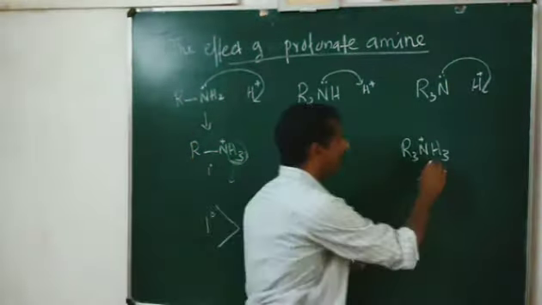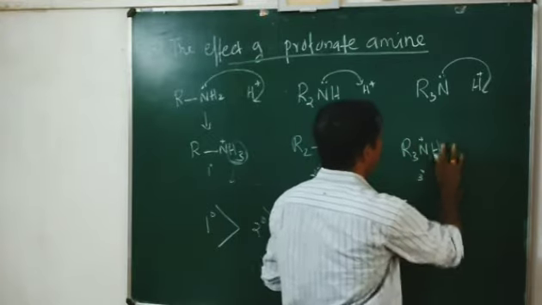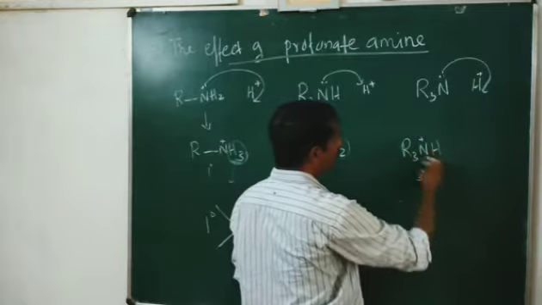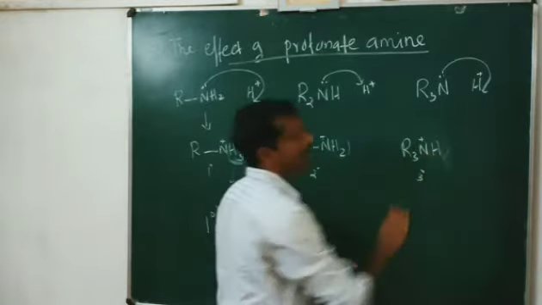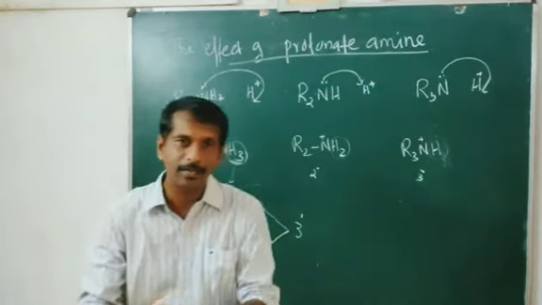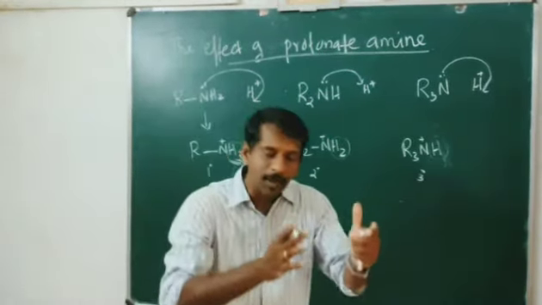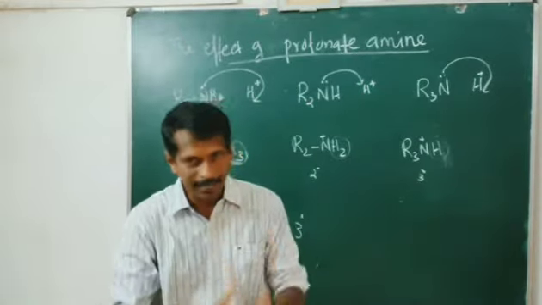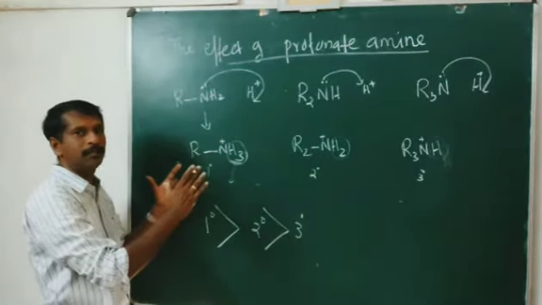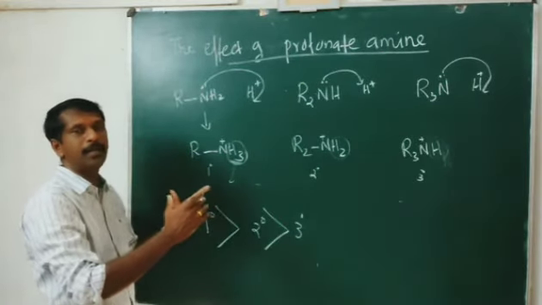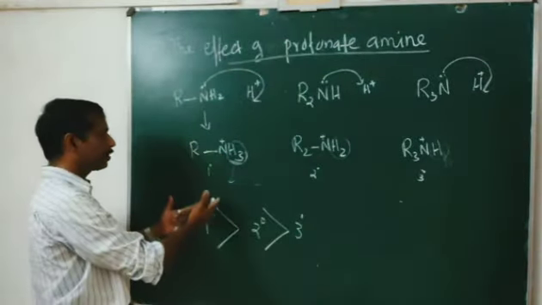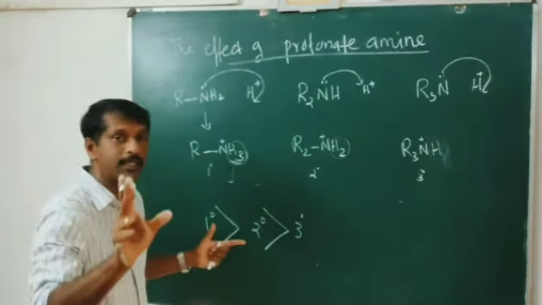And in the case of tertiary protonated amine, sorry, here it is NH, you can see that there is only 1 hydrogen atom. When the number of hydrogen atoms is less, its stability will also decrease, and we can see that when you compare the basicity of protonated amines, the most basic is primary protonated amine.